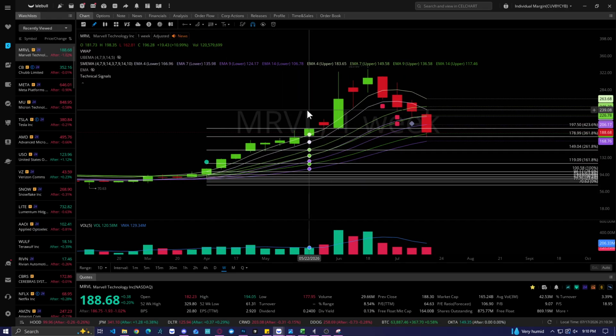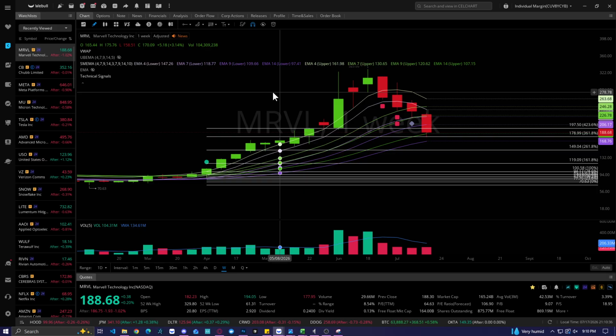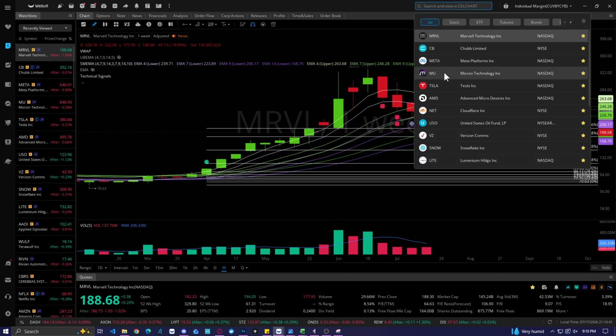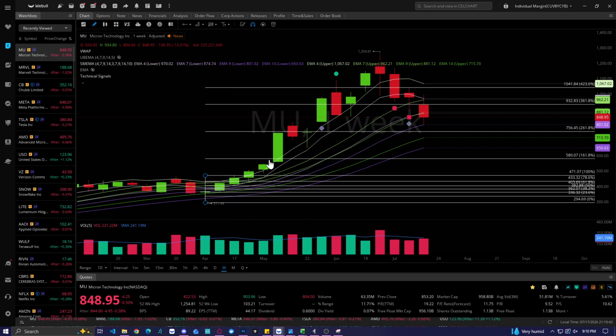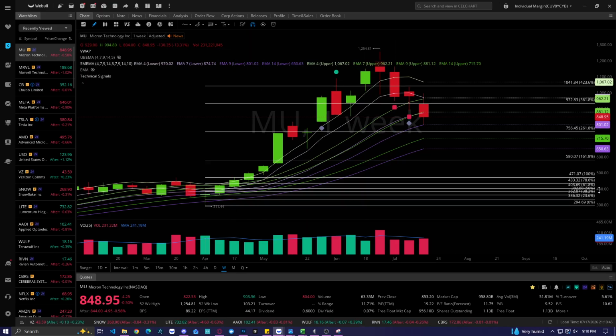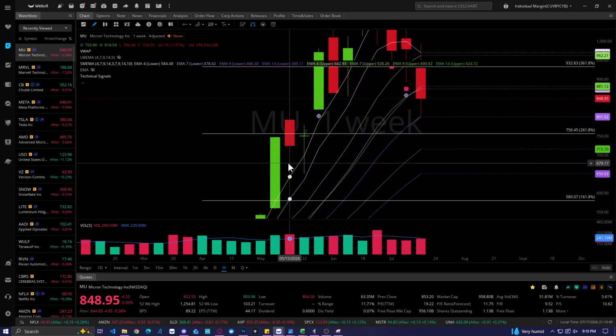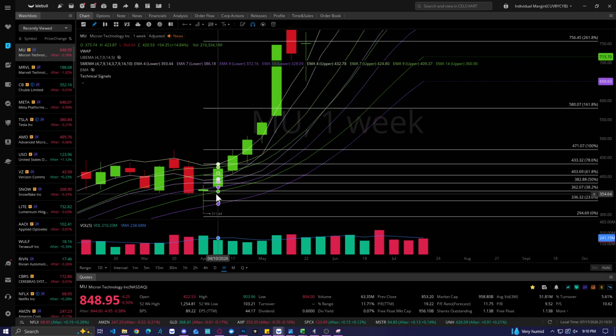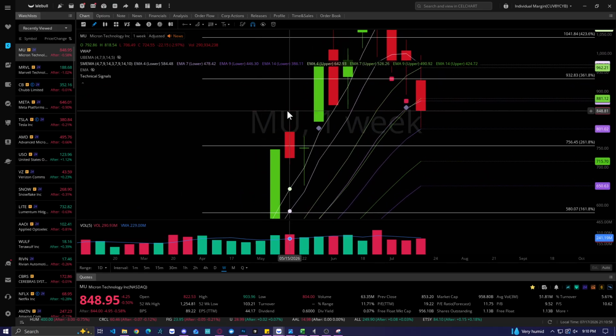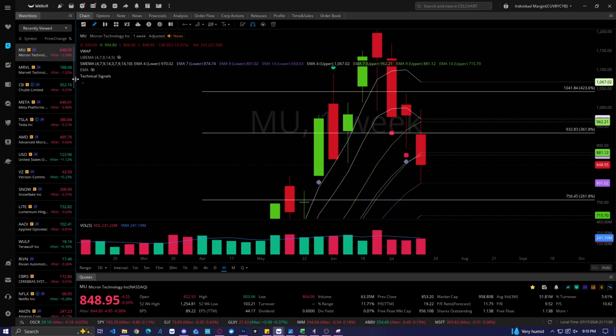So you have these variations of fibs. For example, what were we just on? That's MU. You see MU ran up all the way to the 423% fib on the quarter, but it started out at like the 38%. It's hard to know that it's going to come out of the 38% and run all the way to 423%, because that's uncommon.